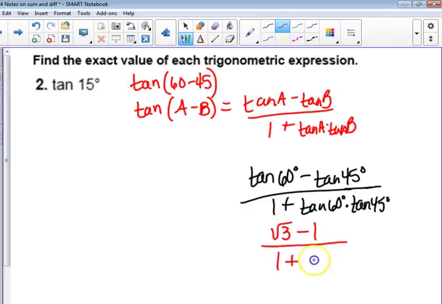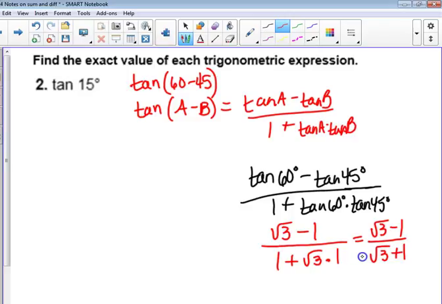Over 1 plus square root of 3 times 1. So this is square root of 3 minus 1 over 1 plus square root of 3. It's still not done, but it's better than what they did earlier today.